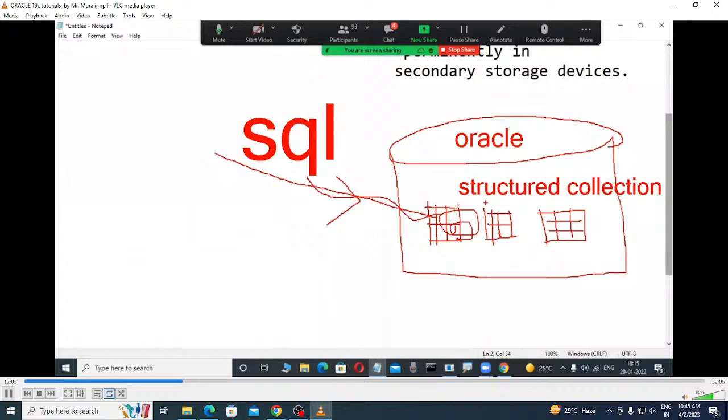But MongoDB and those types of databases are different. SQL is not there, there is no SQL. That uses JavaScript, those types of languages. But SQL is a separate language, through which we operate on data in these types of databases.